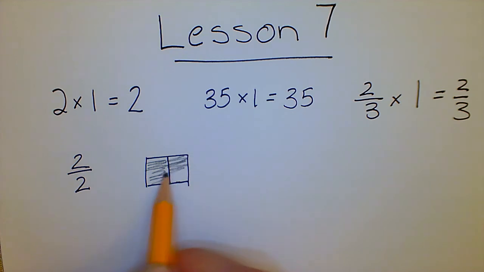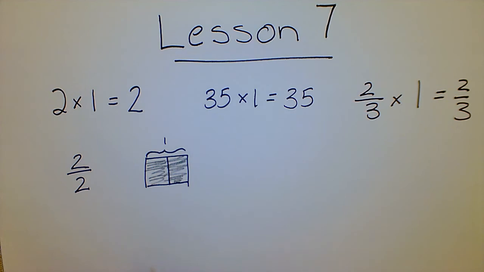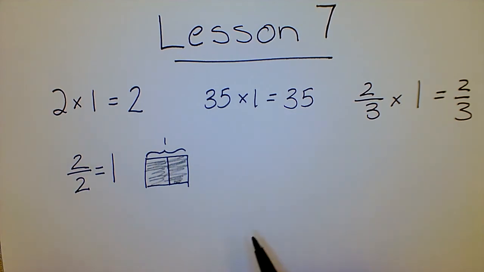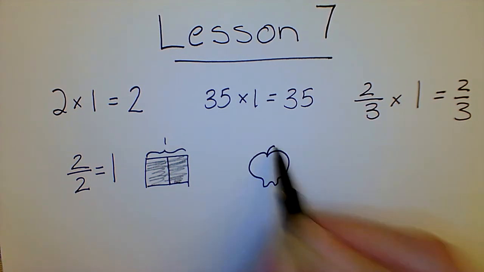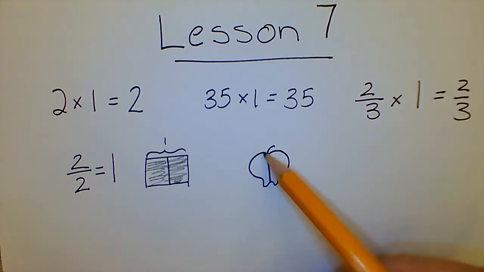If I have both those pieces, that actually means that I have 1 whole. This entire thing is 1, and I have the whole thing. So really, 2 over 2 is just equal to 1 whole. Think about an apple that's been cut in half. If I cut this apple in half and I have both halves, that means that I still have 1 whole apple. It's just cut into 2 pieces.